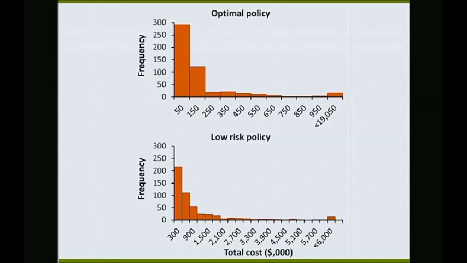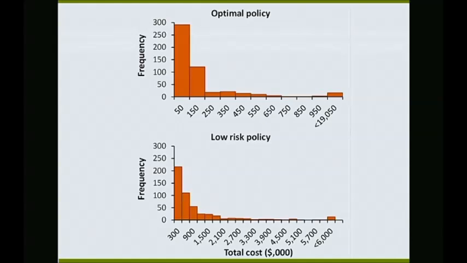So that's where you get this set of incursions that are around 19 million. With the low risk policy, on average it's more expensive, so it's more like 300,000 than 50,000, but you're chopping off these high risk events.